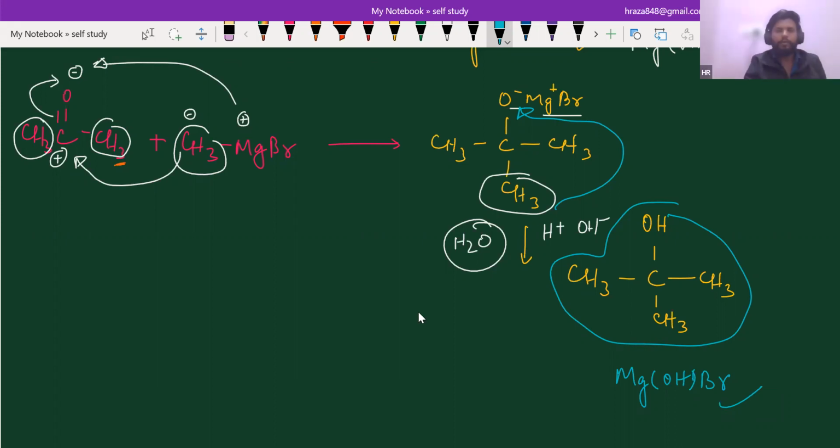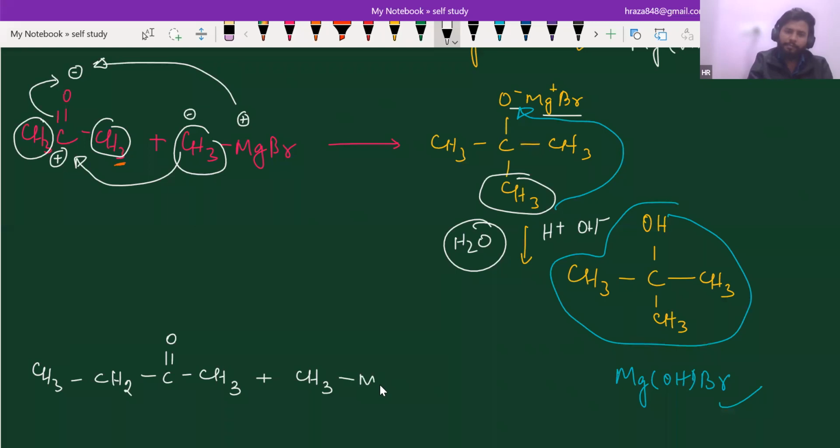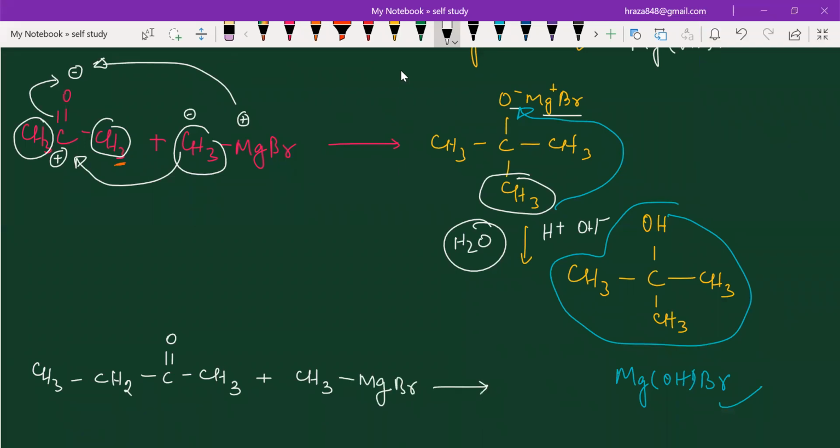Please do let me know when to slide down. I'm going to give the last question on this and then we will move to the next type of reaction. We have studied this reaction basically in preparation of alcohols from carbonyl compounds, that is from aldehyde and ketone.